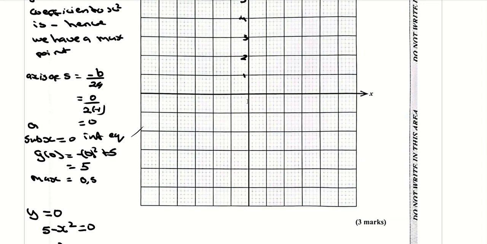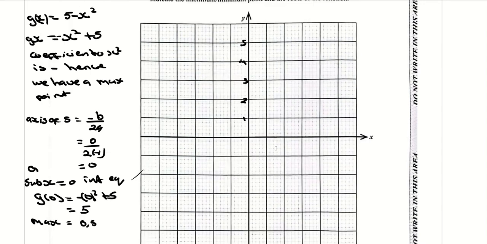Now if we count how many spaces we have here, we have 1, 2, 3, 4, 5, 6 spaces. I would suggest put 1 centimeter as 1 unit. The 2 would be here and you'll get a very small graph. Anytime you draw a graph, it has to take almost three quarters of your graph base. So I'm going to say this is 1, this is 2, and this is 3.